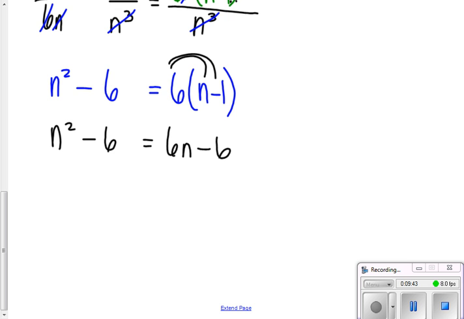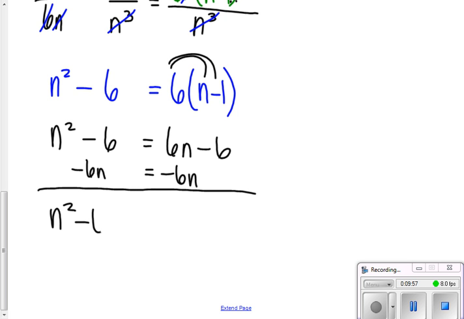I'm going to go ahead and get my like terms on the same side here, everything on the same side. So I'm going to subtract 6n from both sides. I'm left with n squared minus 6n minus 6 equals negative 6. Add 6 to both sides.